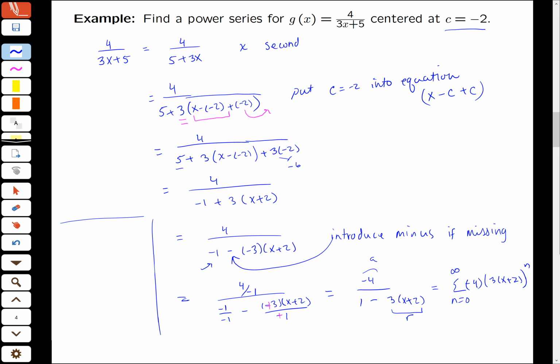You're going to take your 3 times x plus 2, set it less than 1, do our minus 1 on both sides. I'm going to write that as 3x plus 6. Subtract 6. I'll do that in a different color.